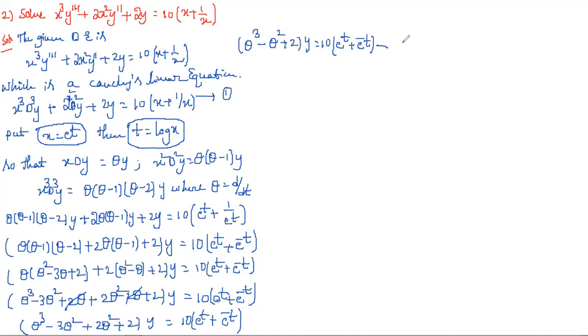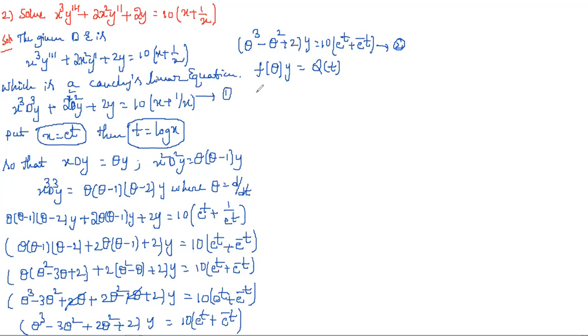Let it be equation 2. This is in the form f of theta into y is equal to q of t. So equation 2 is a linear differential equation with constant coefficients, and f of theta and q of t are both known.